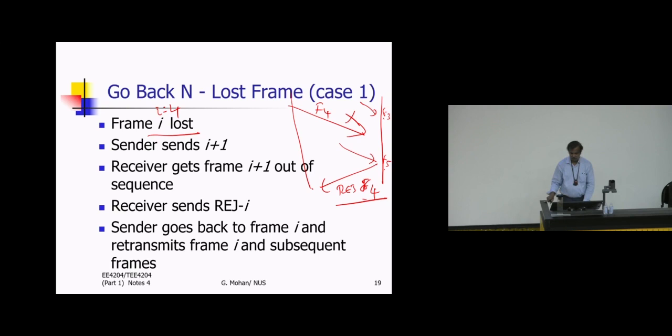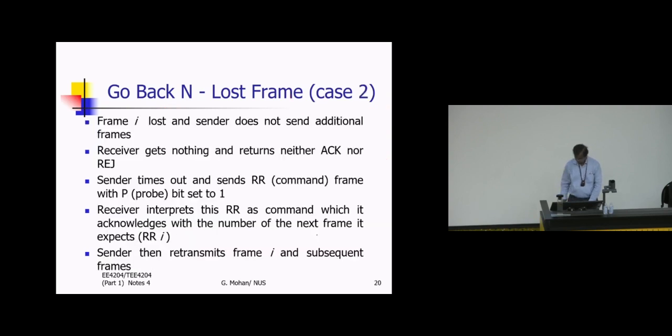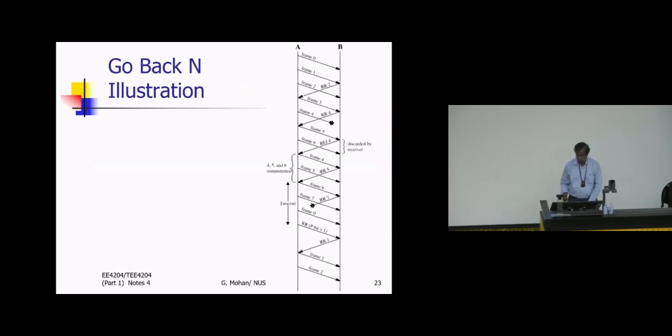So what will the sender do? Receiver sends reject I, sender will go back to frame number I and all the subsequent frames. So, even though it has already sent frame 5 and frame 6, the sender will repeat all those things. Maybe I look at this illustration here. So frame 2 is received, frame 3 is received, frame 5 is received.